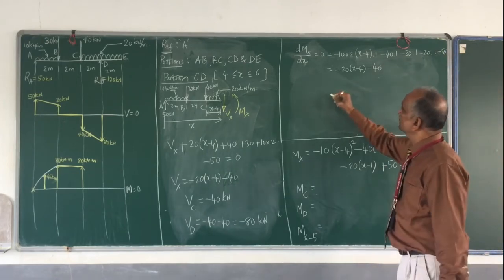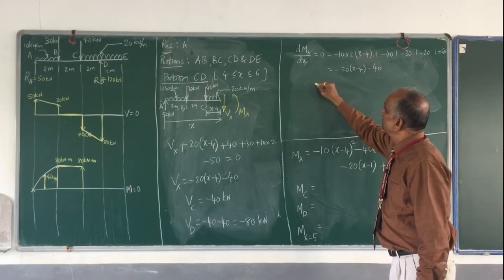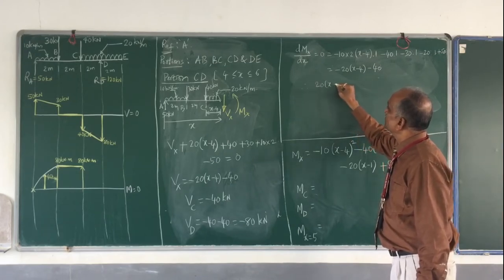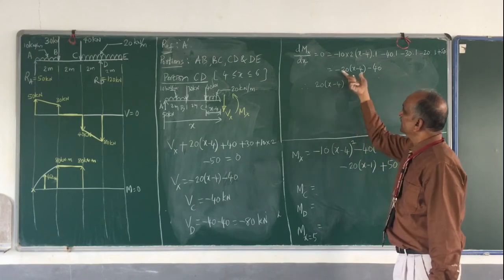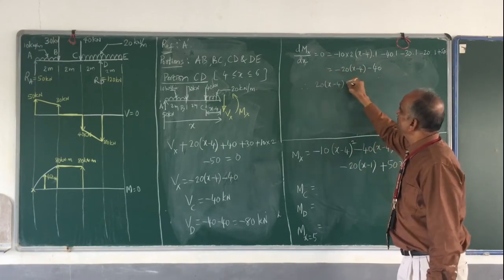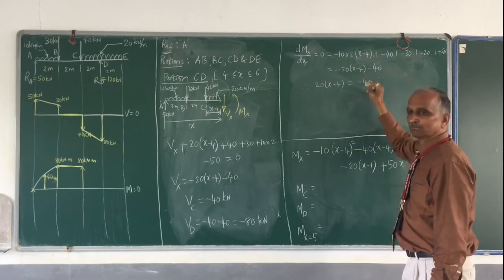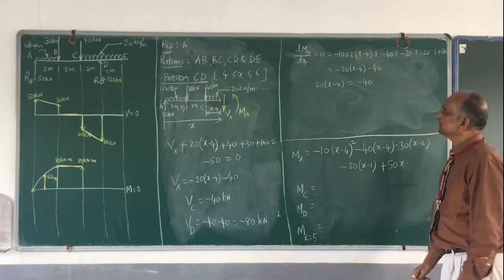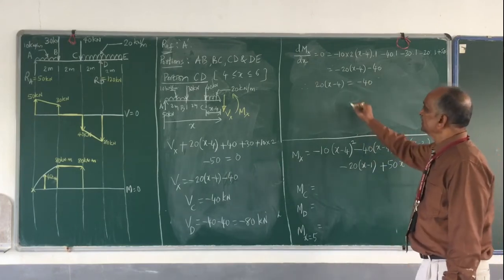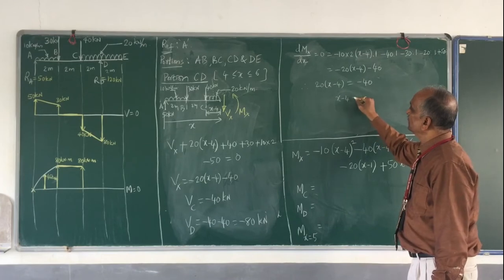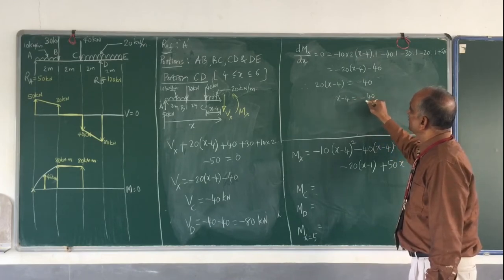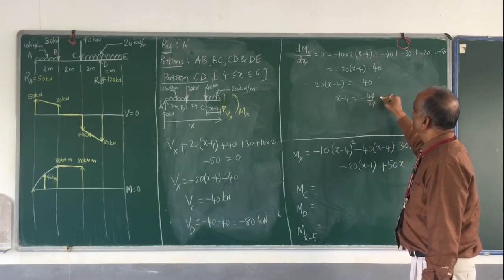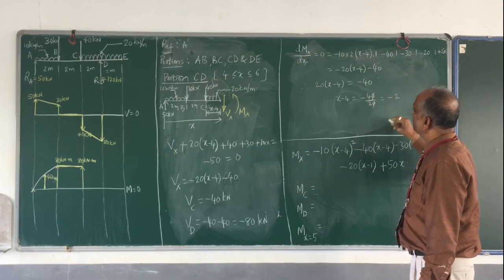So this is equal to 0. Therefore, 20 into x minus 4 is equal to minus 40. That means x minus 4 is equal to minus 40 divided by 20. So this is equal to minus 2.